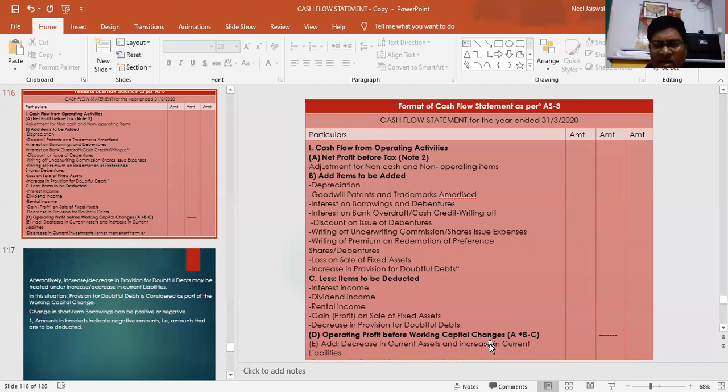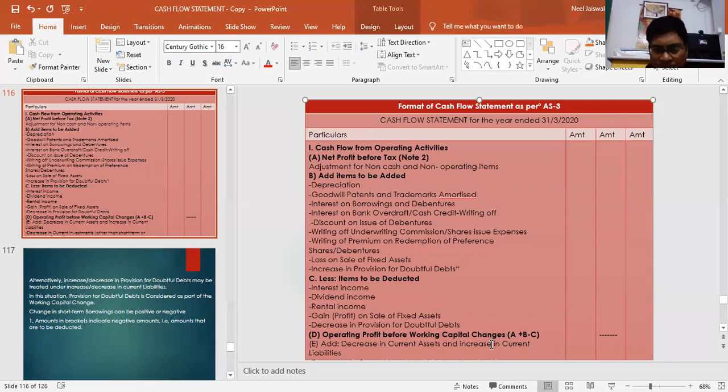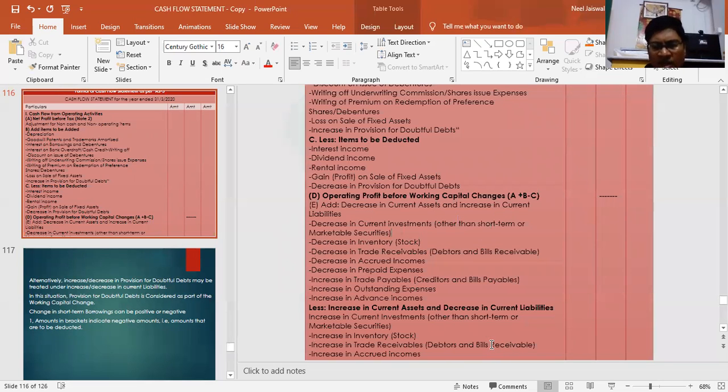Excepting cash and cash equivalent, we are taking other current assets. So when we are taking other current assets, we have to add the decrease in current asset. As I was giving you the example, students, when we get money from the debtors, our current asset of debtors is reduced, but our cash has increased.